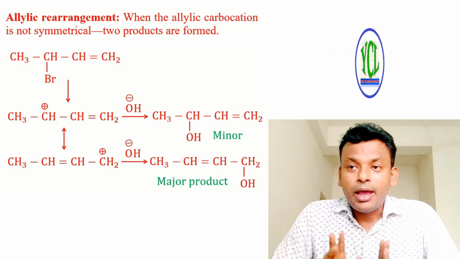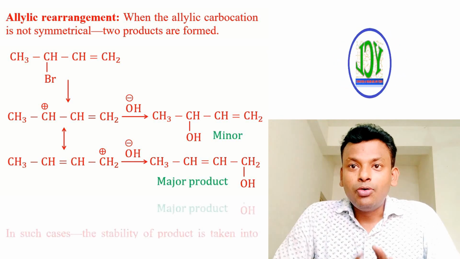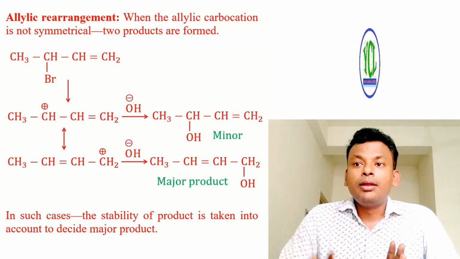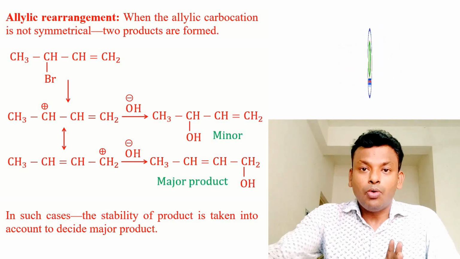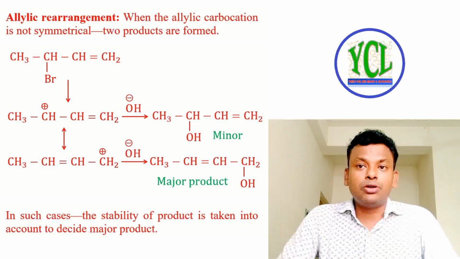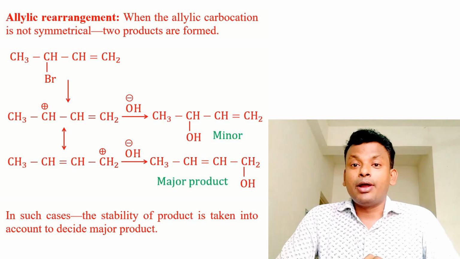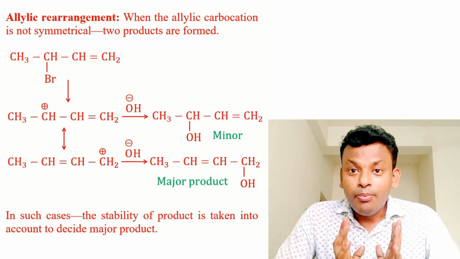One is major and one is minor. In such a case, the stability of the product is taken into account to decide the major product, meaning the more stable one forms the major product.